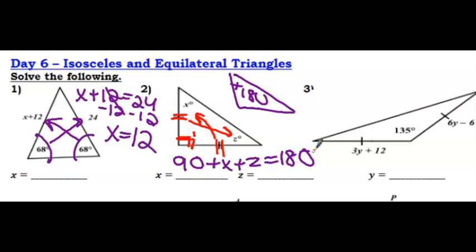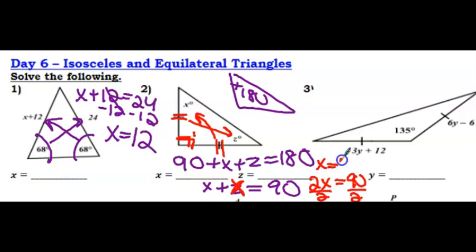Okay, so I subtract 90 from both sides, and I have x plus z equals 90. Well, they're the same thing. X and z are the same. So let's say I just had an x and then I substitute another x in. Well, that means I have 2x equals 90. Divide by 2 on both sides, and x equals 45. Like I just said, they're congruent. So x is 45 degrees, and so is z.